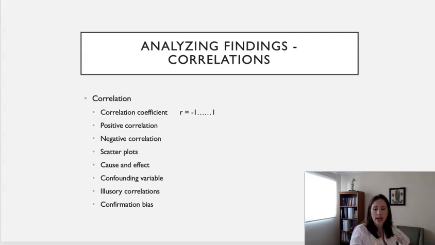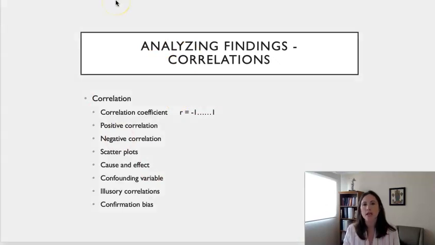An easy way to think about this is by looking at scatter plots. So a scatter plot is a picture, a graphical view of the correlation. And so I'm going to draw a couple for you here.